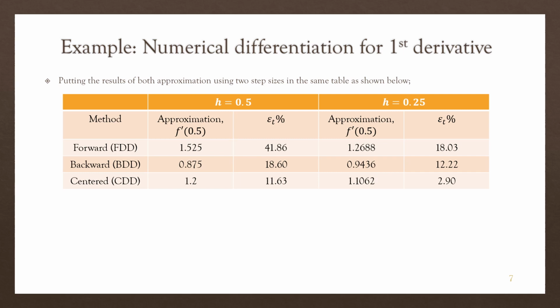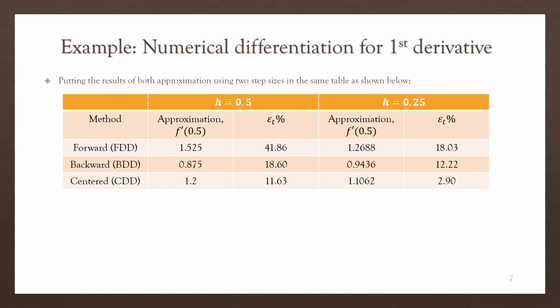When you reduce the step size for CDD, the centered divided difference, the true error also reduces significantly from 11.63% to 2.9%. This can be reflected based on the estimate of error for each method. FDD and BDD have an estimate of error O(h), meaning that the estimate of error is linearly proportional to the step size.